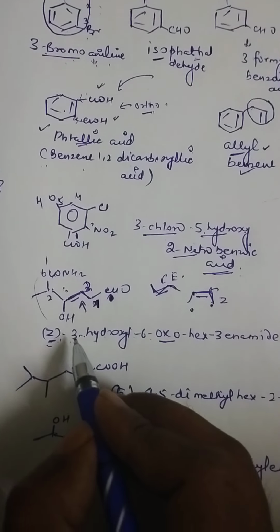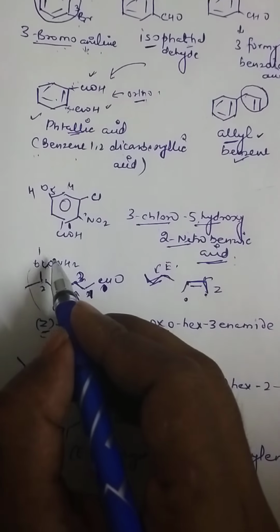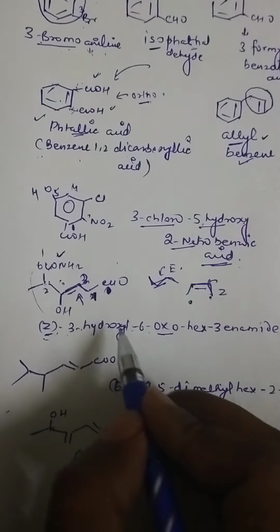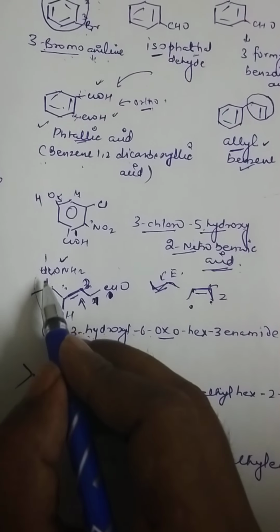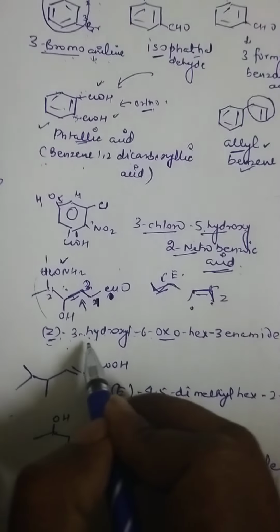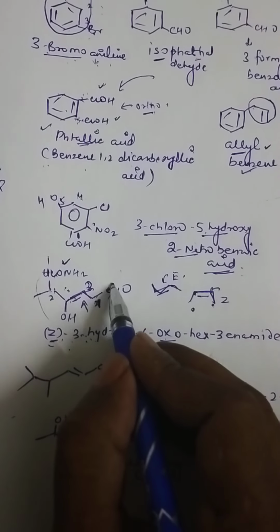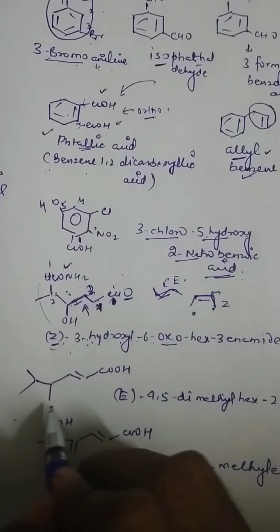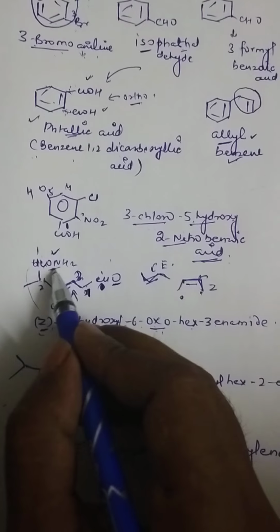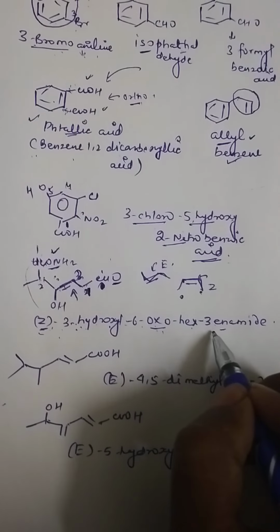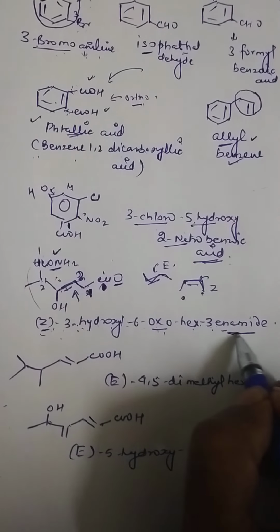Actually if you see here, 1 2 3, the naming should be given from this side, not this side. So Z3 hydroxy, 6 oxo, 3 4 5 6, this acts as oxo here, 6 oxo, hex 3 enamide. This is the enamide moiety. Hex, how many carbons, the double bond is at 3, so I wrote 3, then enamide.